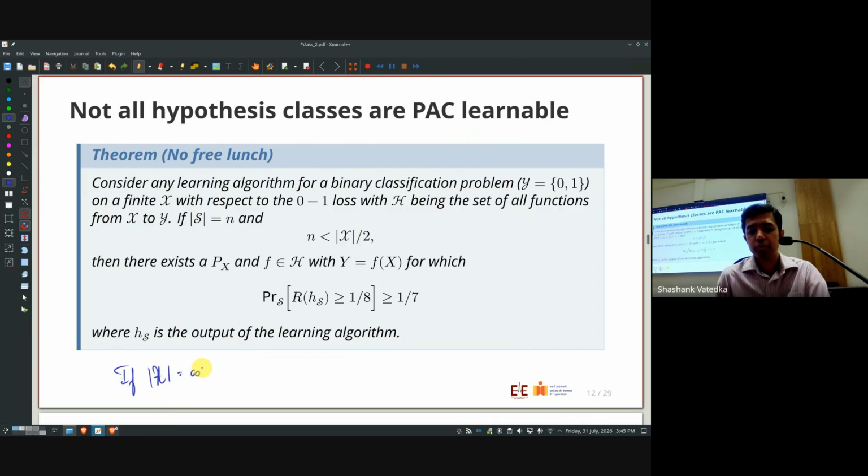So even if x is countably infinite, forget uncountably infinite, and h is the set of all functions. So you have a concept class, not even a general p(x,y), which is even harder, right? Is it PAC learnable?